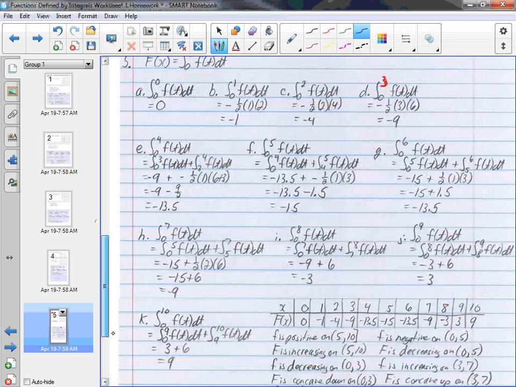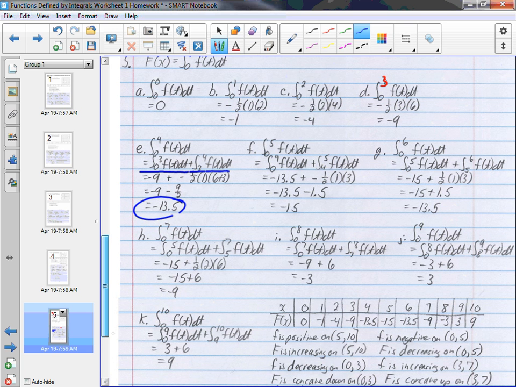Okay, so to get the integral from 0 to 4, I wrote it as the integral from 0 to 3 because I already know what that is. I found it just a minute ago. Plus the signed area from 3 to 4. Does that make sense? So that's how I come up with that. And then to get when x equals 5, that's the integral from 0 to 5.